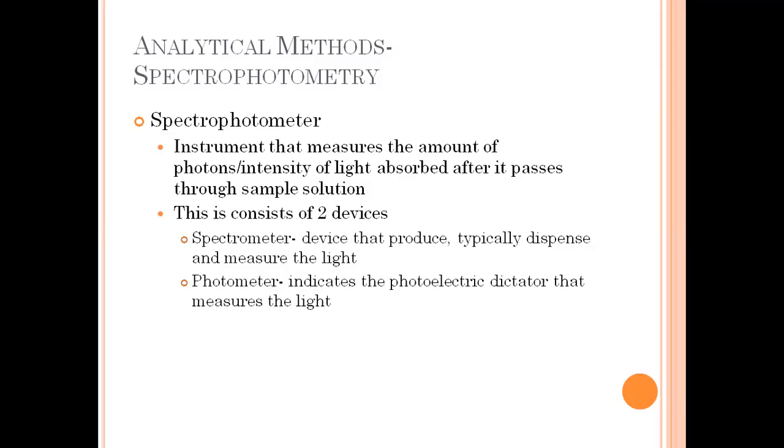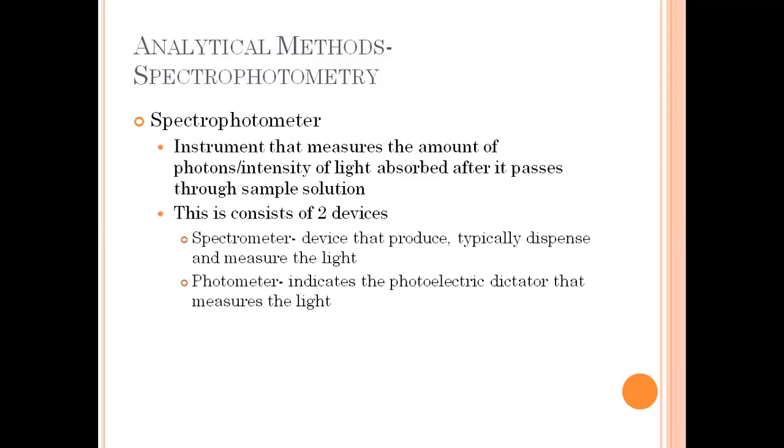So in short, you have an idea of the components of your spectrophotometer. From the light source up to the monochromator, that is part of the spectrometer. Again, the spectrometer is the device that typically disperses the light. From the light source, the entrance slit, the monochromator, and the exit slit, that is part of the spectrometer.